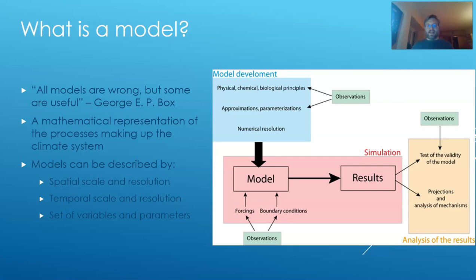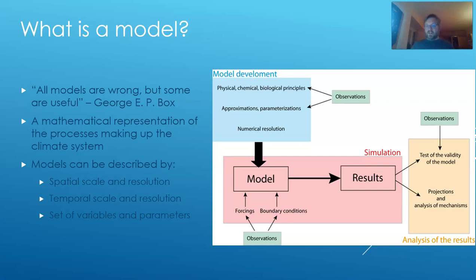Right? The model takes these observations about the state of the world, calculates what changes are going to occur based on these more general laws of nature that we've got, and it spits out some results. Says, here's what is going to happen according to the model. It simulates the future for us.